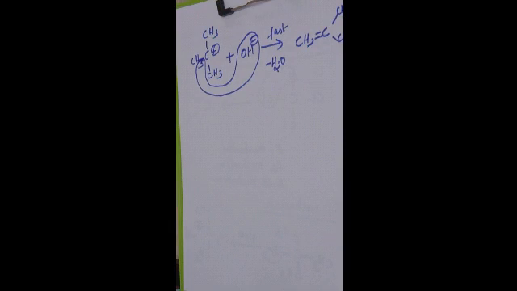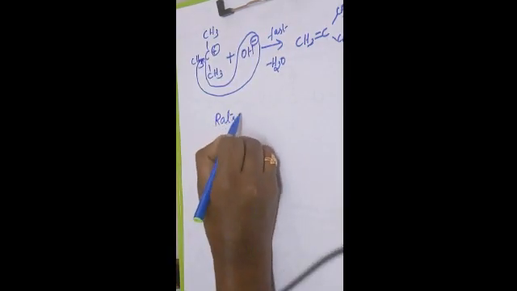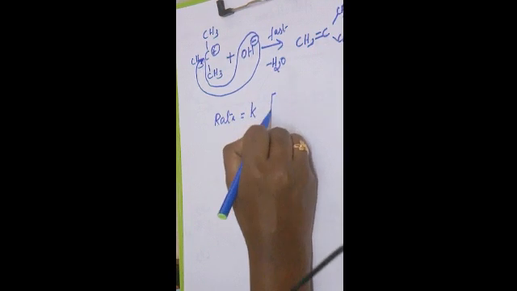So the rate of the reaction is directly proportional to the substrate concentration alone, and it does not depend on the concentration of the base. So rate equals K into substrate.